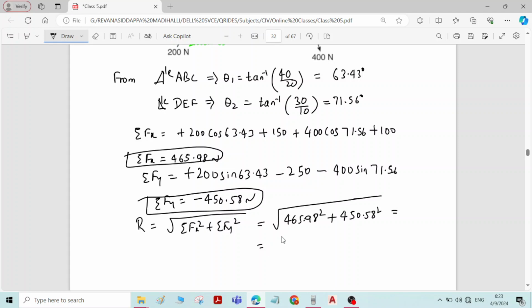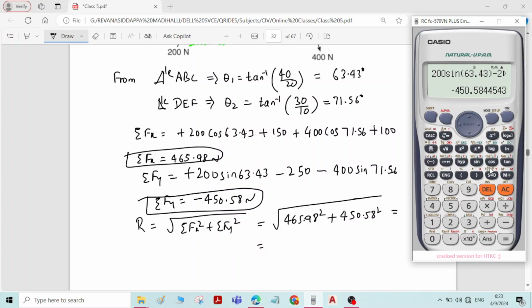So root of 465.98 square plus 450.58 square is 648.19 Newton.